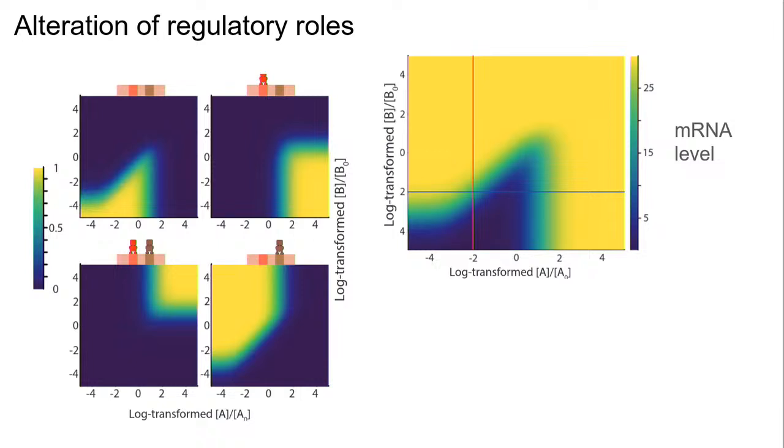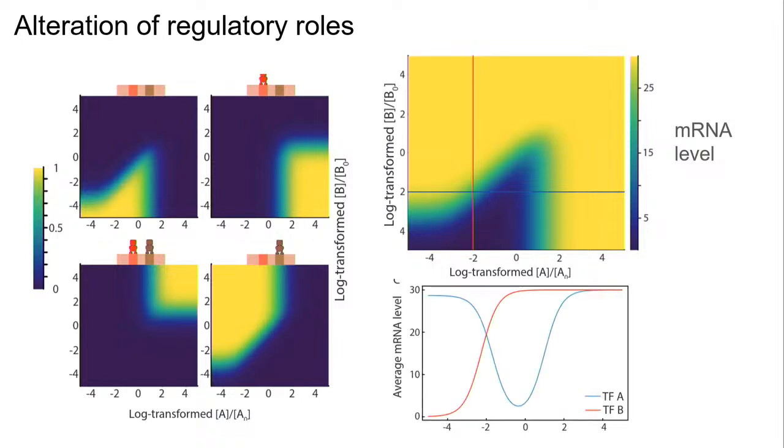If we assume that A and B are activators, and that this state is not active because there's nothing bound to it, and these 3 states are active, then we get an mRNA profile that looks like this, with concentration of B and concentration of A. This is also non-monotonic. And if you look at the mRNA production along this blue line, you see this curve. So basically, this protein A, which is supposed to be an activator, is acting as a repressor within this interval. So it's changing its regulatory role.